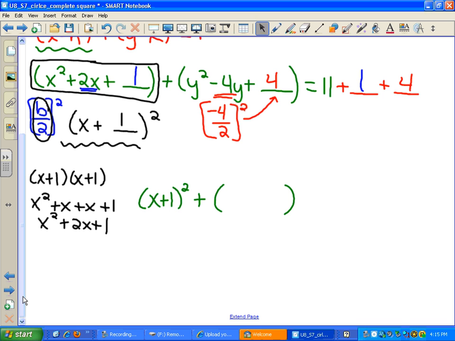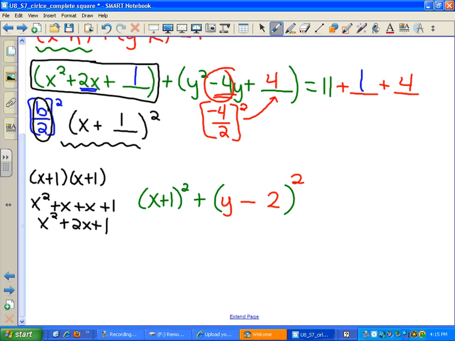Now since my b value is negative, I have a negative 4, it's going to be y minus. And I'm going to take my b value and divide it by 2. So my b value is negative 4 divided by 2 is negative 2. So that's why I have (y minus 2) squared. Again, I could do the same thing I did with the x's.